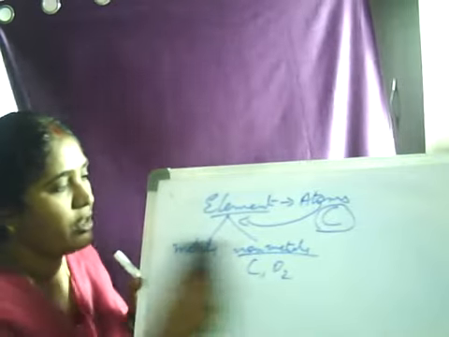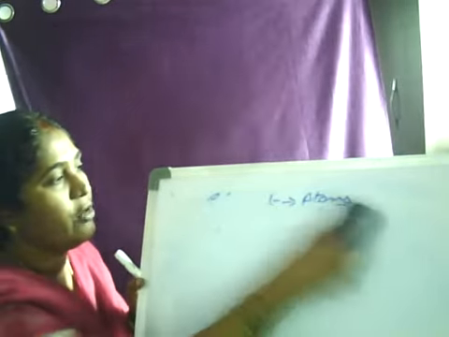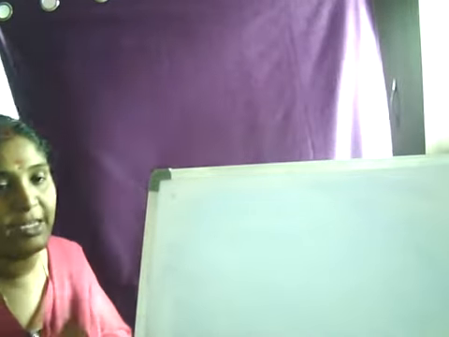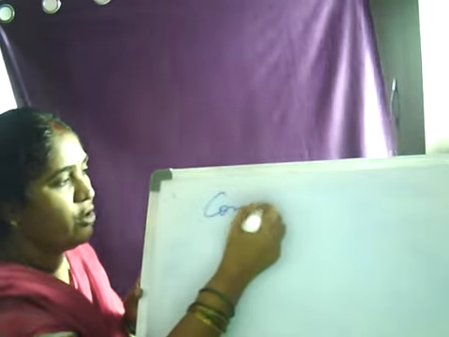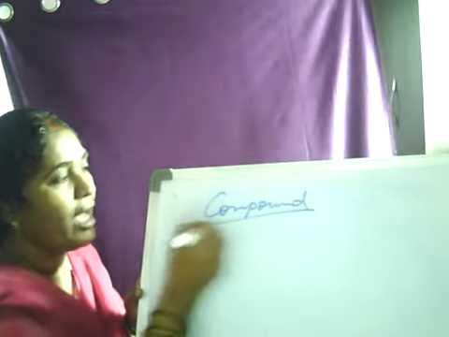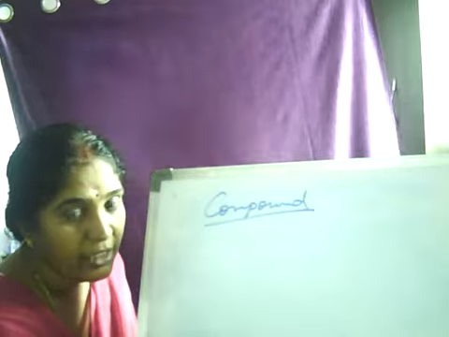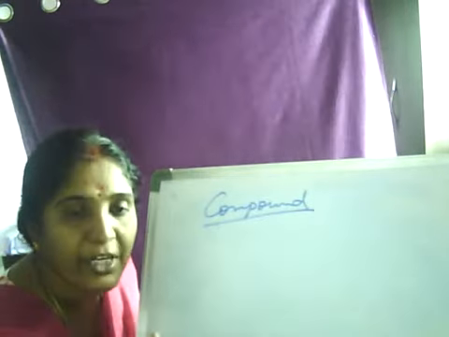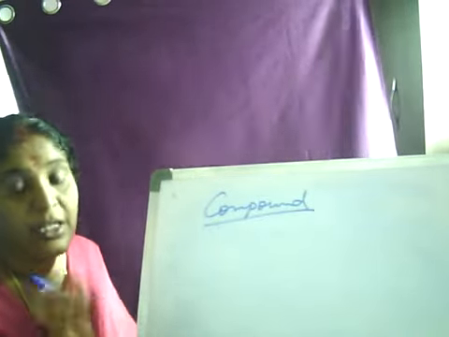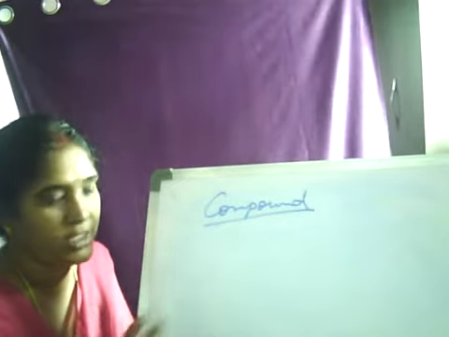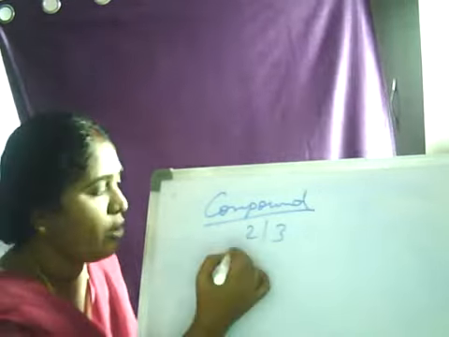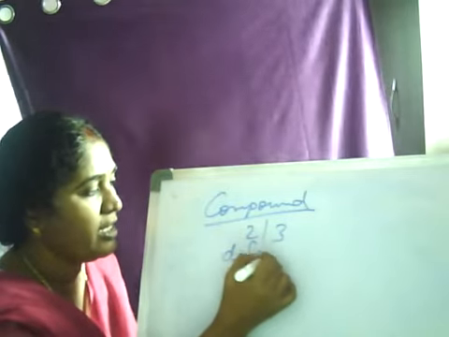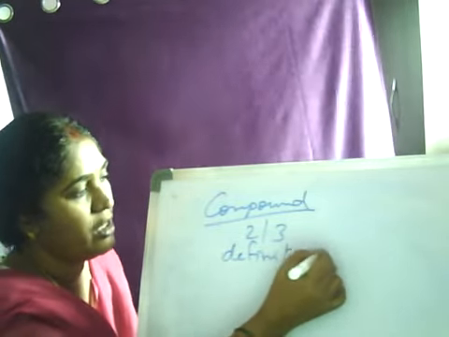Now coming to compounds. What is the meaning of a compound? It consists of two or more atoms. Compound, as I told you previously, consists of two or more atoms, but here they are in definite proportions. Compounds consist of two or three atoms, but their combination is in definite proportions.